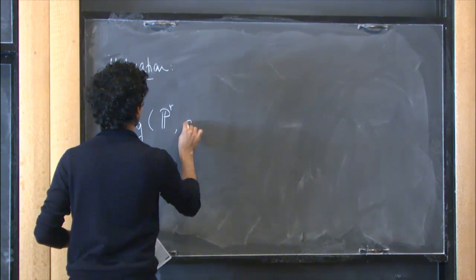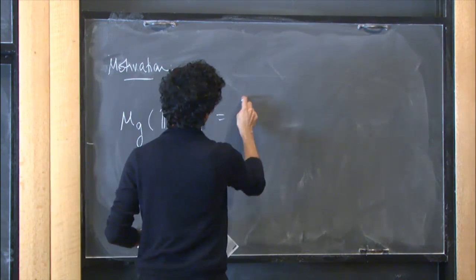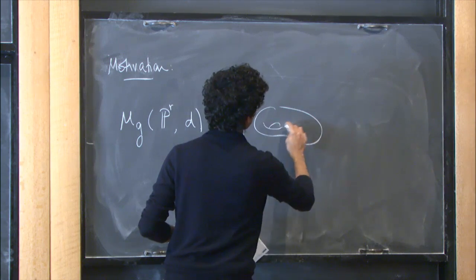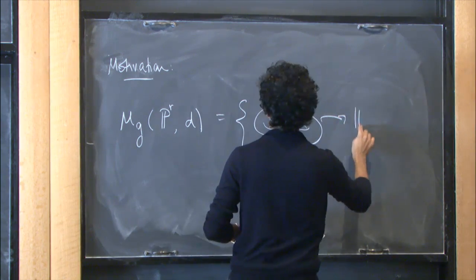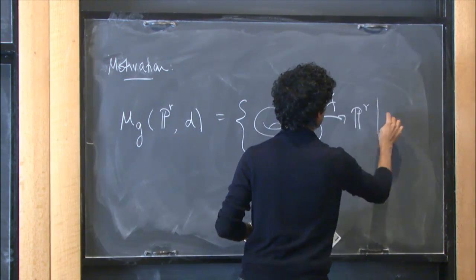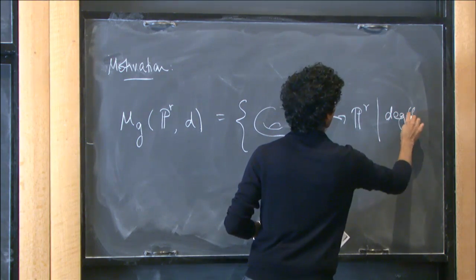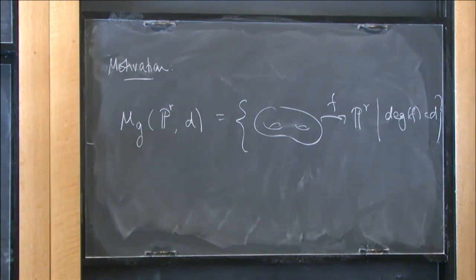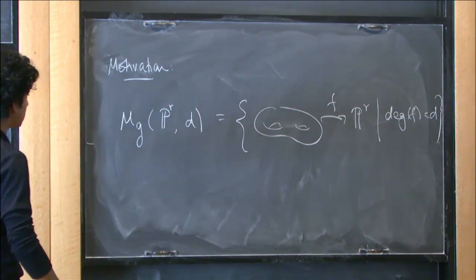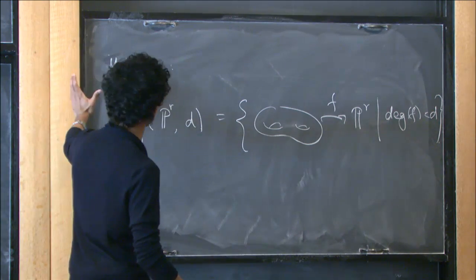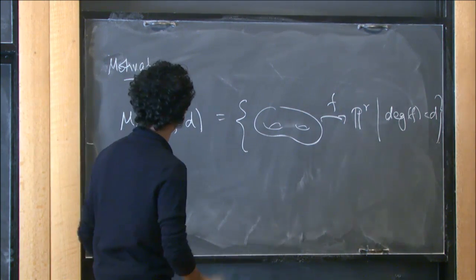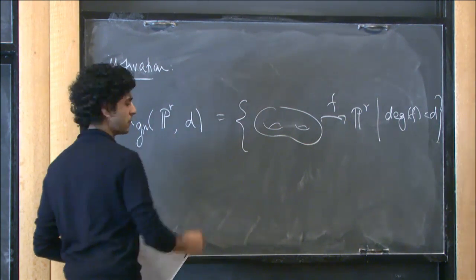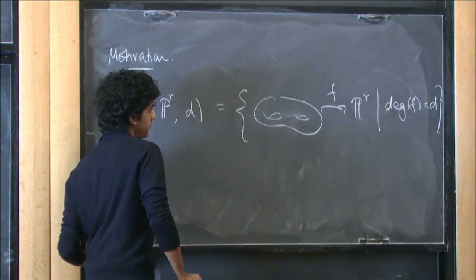So let's simplify further. I'm interested in the moduli space of genus g curves in projective space of fixed degree. This is the usual moduli space. This is stuff that's familiar to anyone who's ever computed Gromov-Witten invariants. Maybe you want to put marked points there if you'd like.